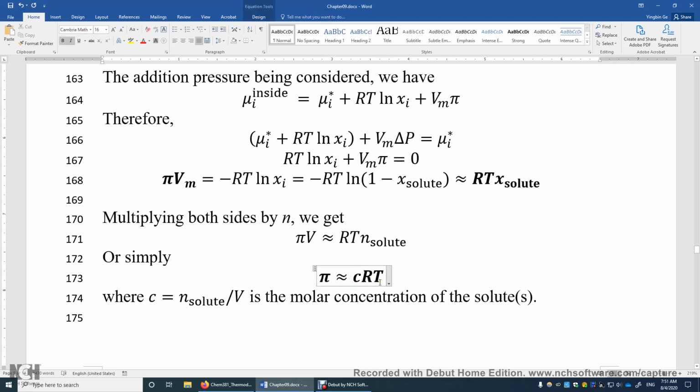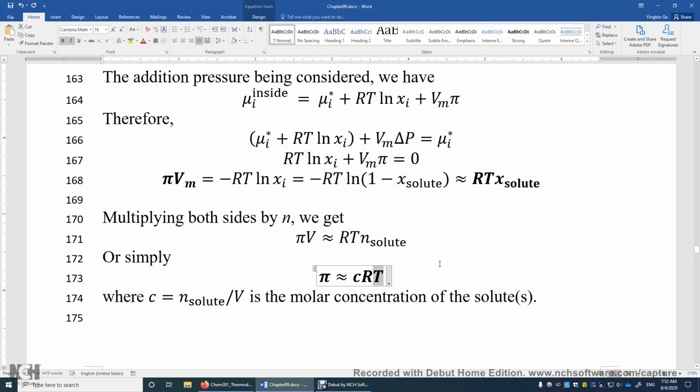Now, if you have 1 mole of sucrose dissolved in, let's say, 10 liters of water, you have 0.1 molar concentration. That's actually very high concentration. You just plug in this 0.1 mole per liter, and this R is 0.08 bar liter per mole K. Let's say the temperature is 300 Kelvin, and then you have 0.1 times 0.08 times 300.